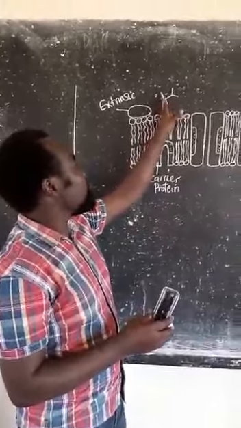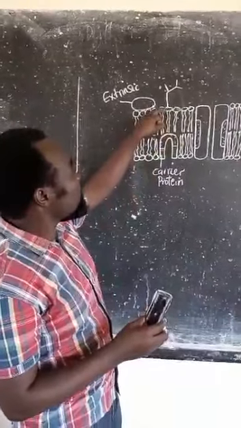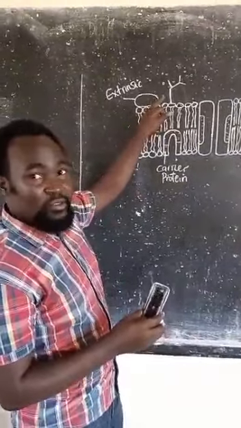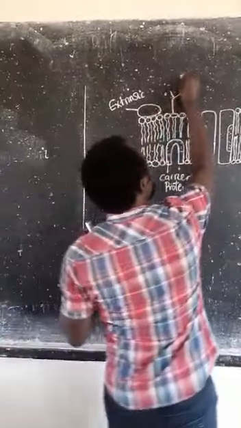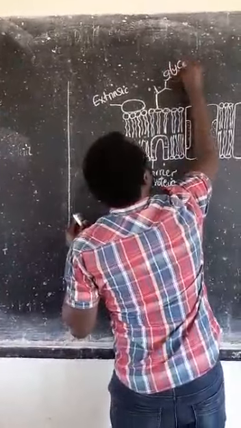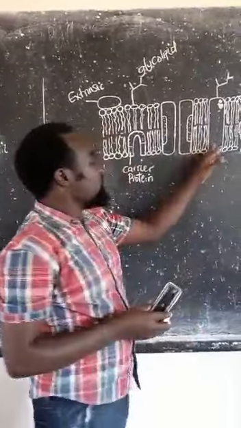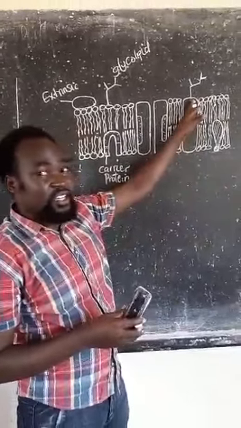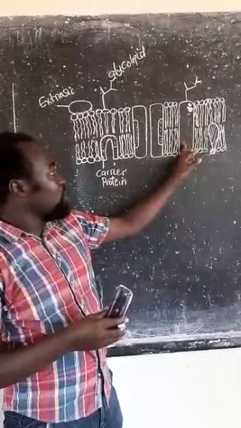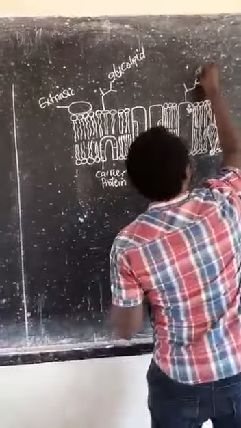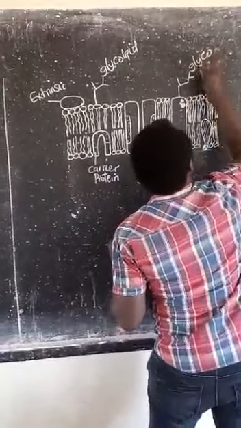This is the branching carbohydrate chain, and if it is attached on the lipid molecule or the phospholipid molecule, it is called a glycolipid. And if this carbohydrate branching chain is attached on the protein, it is called the glycoprotein.